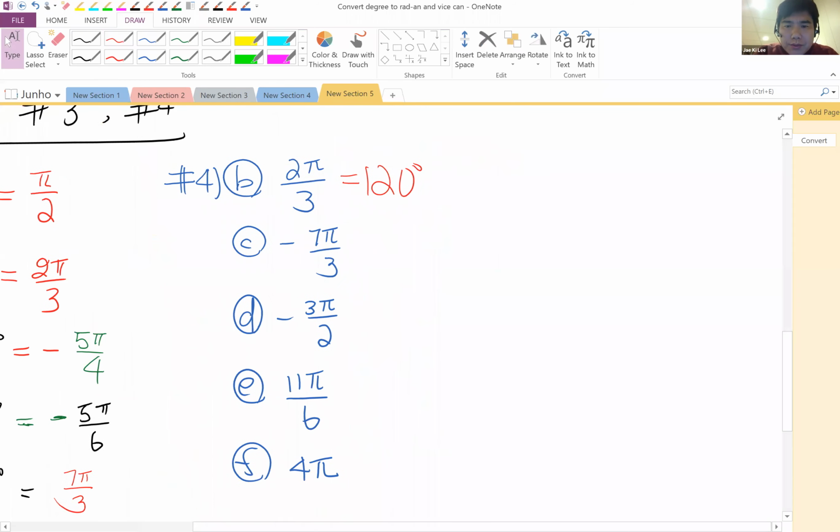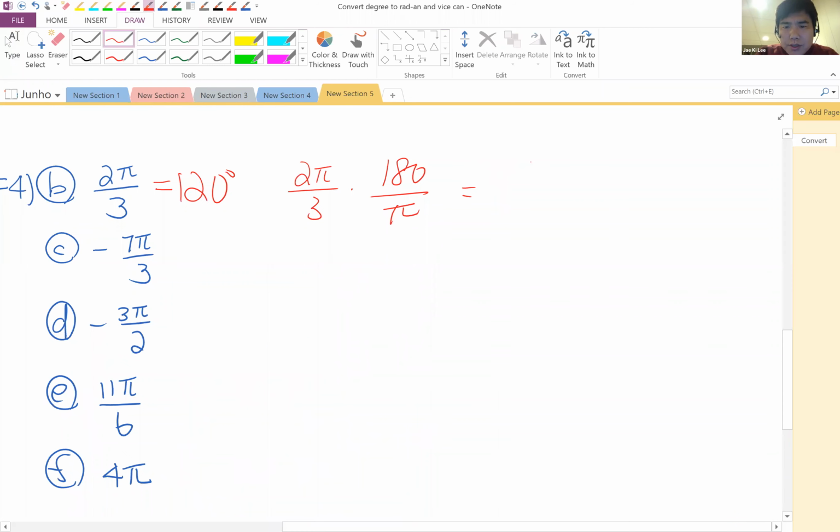So we can do 2 pi over 3 times 180 over pi. Then this becomes 360 pi over 3 pi. Therefore pi and pi are gone. Now 120, so it should be 120.